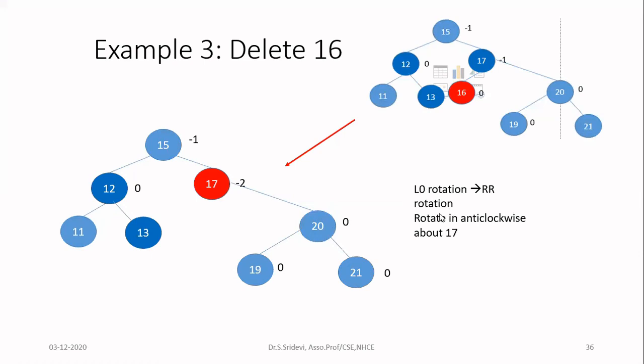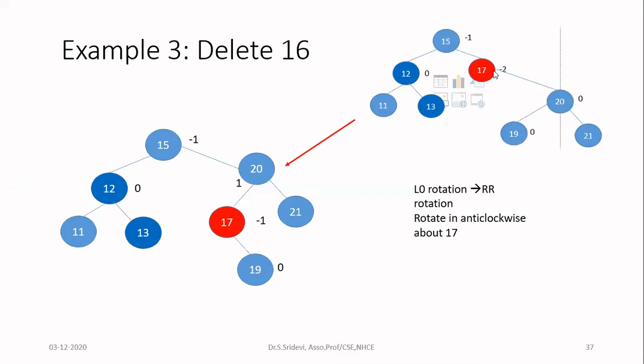RR rotation means rotate in the anticlockwise direction about the imbalance node. The imbalance node here is 17. With respect to this 17, we are going to rotate in the anticlockwise direction. So I am going to pull this 17 down in the anticlockwise direction. When I do that, 17 will be pulled like this.